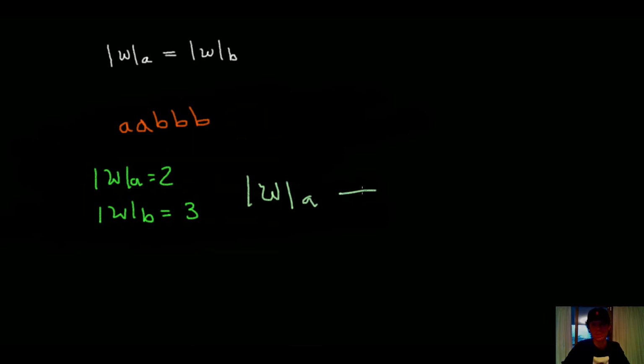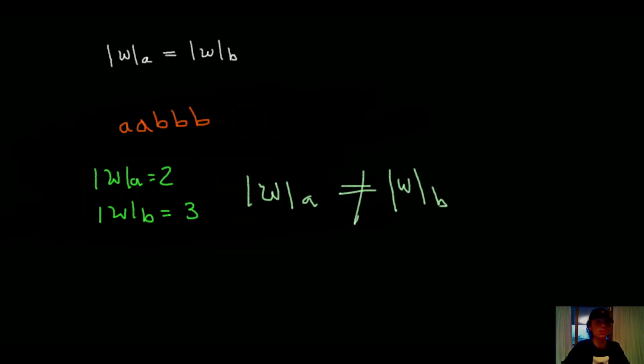So let's consider now another set of words. Just consider, for instance, the word AABBB, right? So is this word an accepting word? Well, we can count how many A's we have. We have 2 A's. How many B's? Well, we have 3 B's. So in here, we see that the number of A's is not the same as the number of B's.